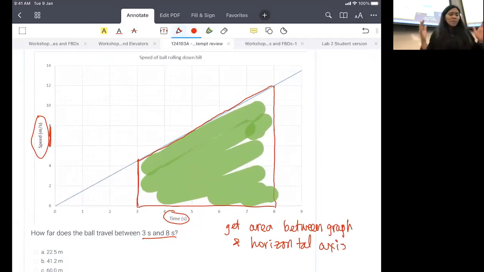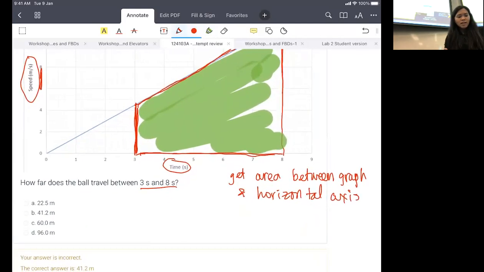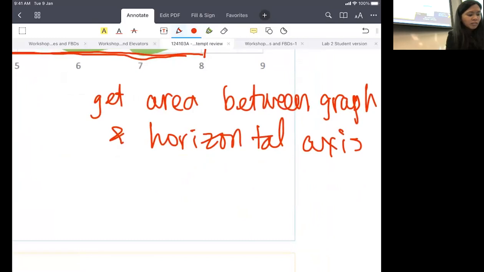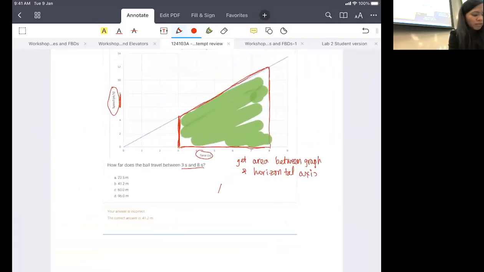A trapezoid is a shape where you have two parallel sides, the side on the left and the side on the right, and two sides that are not parallel. The one below is not parallel to the side above. So it traces out a trapezoid, and we have the area of a trapezoid.